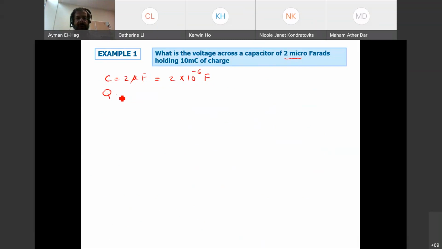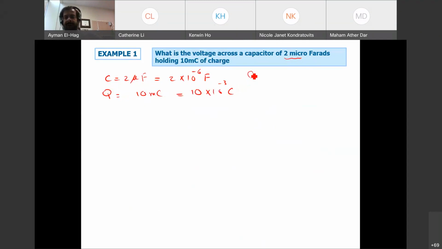So your Q is equal to 10 millicoulomb, which is 10 times 10 to minus 3 coulomb. I'm always trying to change everything into farad, which is the unit. Maybe I forgot to mention that: the unit of capacitance is a farad, and the unit of charge, as we know, is a coulomb. Now we want to know the voltage.